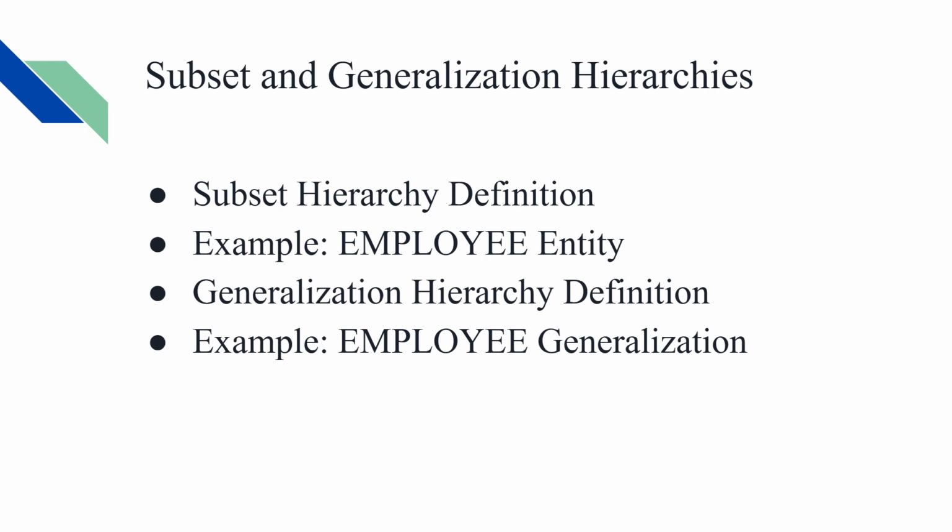A generalization hierarchy, on the other hand, partitions an entity into strictly non-overlapping subsets. For example, the employee might be generalized into engineer, secretary, and technician. So both hierarchies enhance modeling capabilities but differ in how instances are classified and updated.